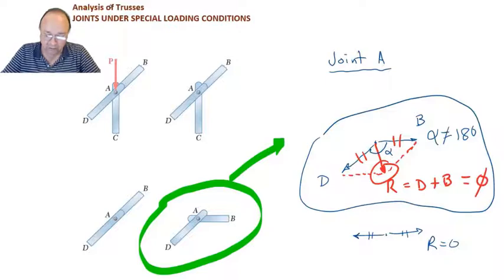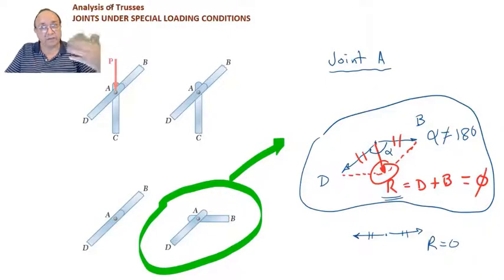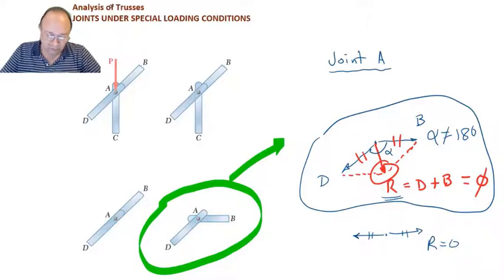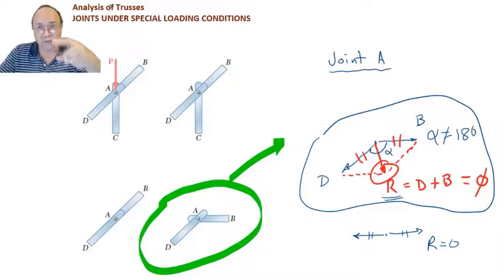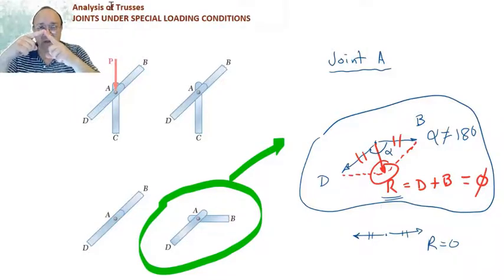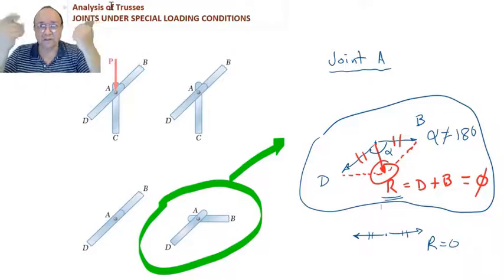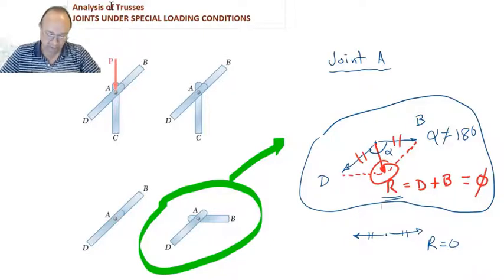Otherwise, you see the construction, the resultant has to be different from 0 if they are not 0. So when you have one bar with 2 forces and only 2 forces, and they make an angle that is not 180, meaning not collinear, they both have to be 0 in order to have a resultant of 0 and have a joint in equilibrium. All right, let's take a look at the next one.